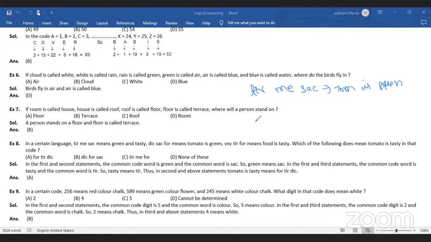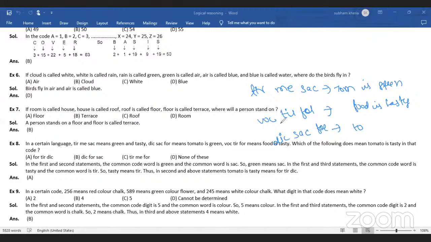We will write them one by one. Walk ter for means food is tasty. And the third one is dig sack for. Dig sack for means, oh, did I write something wrong?